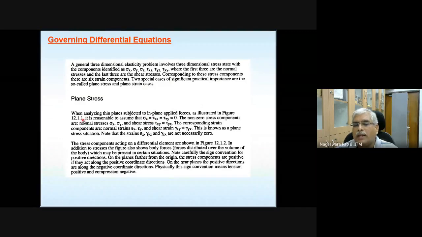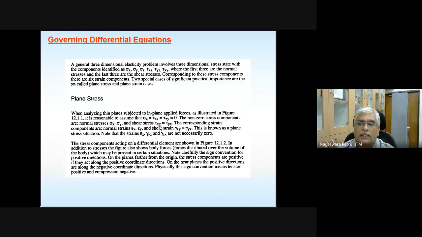It is reasonable to assume these out-of-plane stress components are 0. The non-zero stress components are sigma x, sigma y, and shear tau xy or tau yx. Tau xy is going to be the same as tau yx. Otherwise, your equilibrium condition is not going to be satisfied.